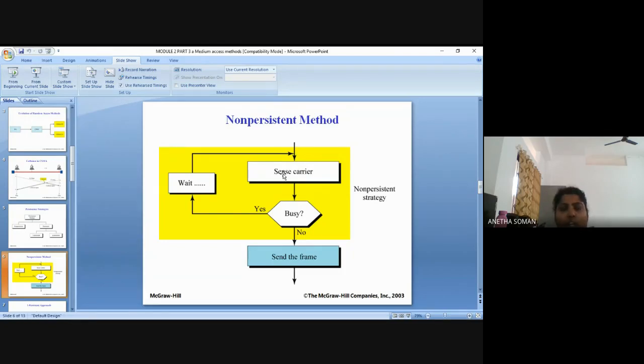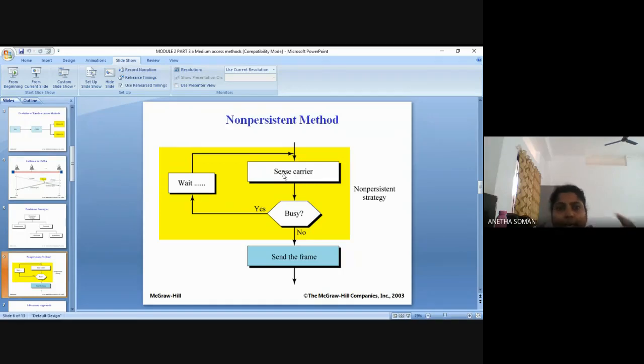This non-persistent method reduces the chances of collision. How does it reduce them? When the station finds the channel is busy, it waits for a random amount of time. It is not compulsory that all stations wait for the same random time and then transmit the frame.